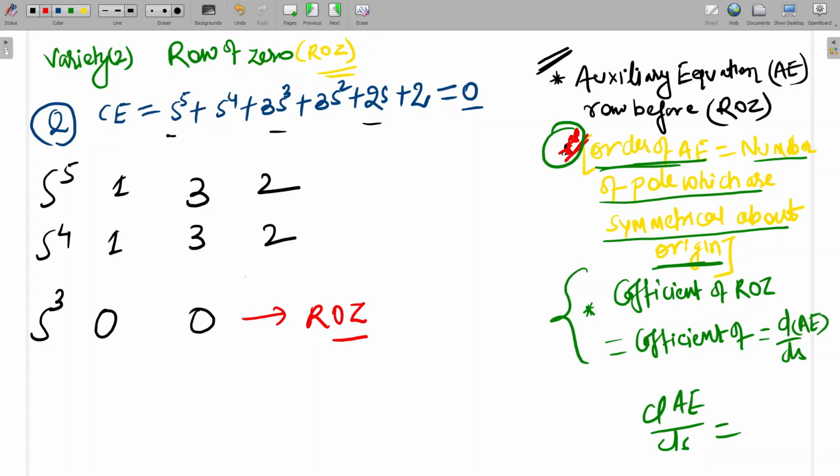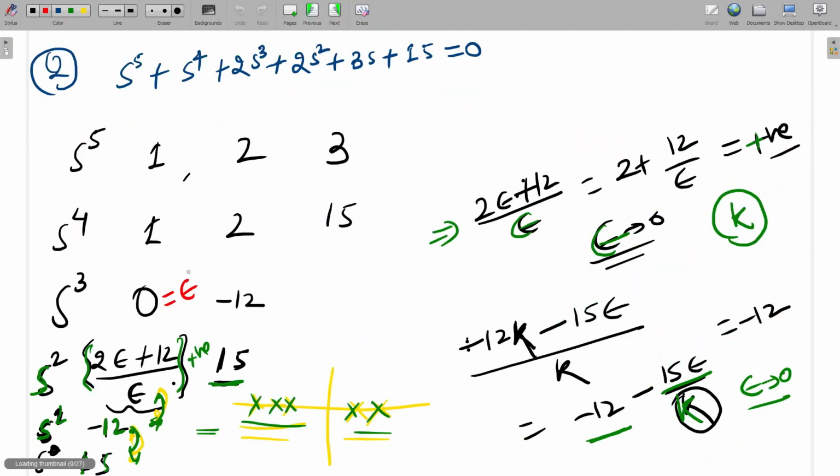But if you see the previous question, only the first term was coming as 0. And if s to the power 1 is there, and in s to the power 1 only one element is there, if that element comes as 0, we will not consider it as epsilon; it will be considered a row of 0, because the next element is not there.